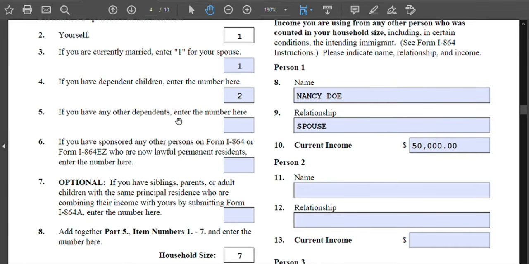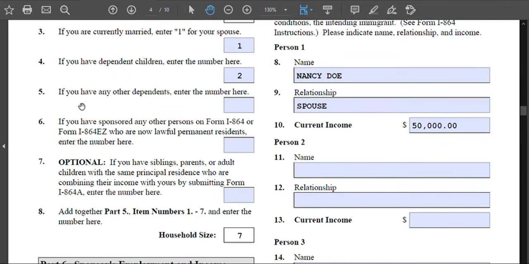So this means specifically dependents that you have listed on your tax returns. Number 6 is asking if you have sponsored any other persons in affidavit of support form before who are now green card holders. So if you have filled out a form I-864 for somebody else, but they are not yet lawful permanent residents, you don't have to include them here.